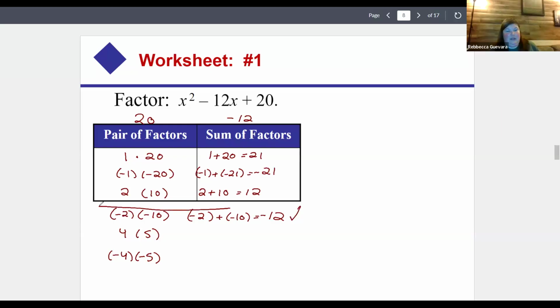So I don't need to keep going. I already found it right here. Those are the two numbers. They're factors of 20 that also sum to a negative 12. So we can split this up into x minus 2, x minus 10.